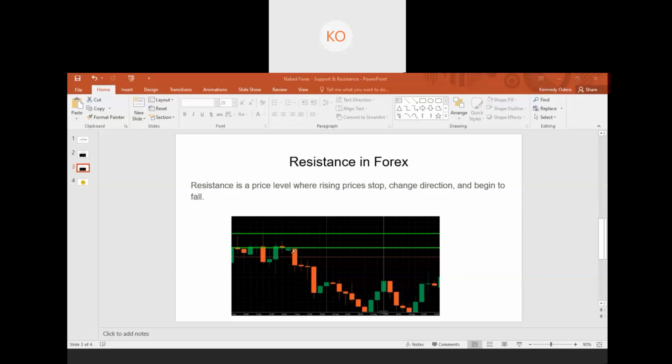Now, if you are buying and start seeing these signs, maybe you change your strategy. Instead of buying, you start selling. Then when the prices fall, you take profit. So this area marks a resistance zone. Any rising price will always come here, hit and fall back down.